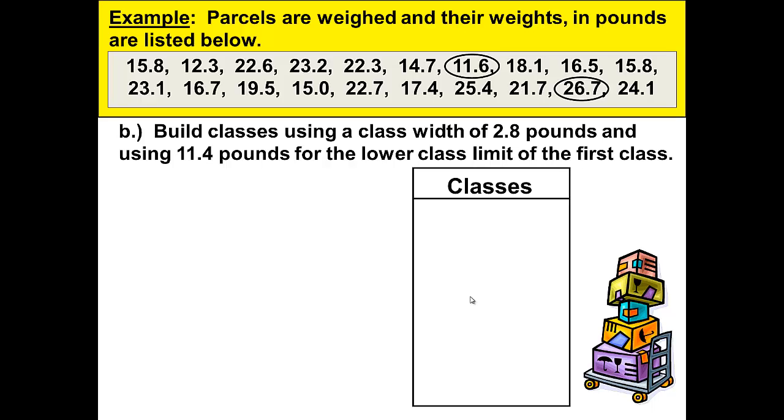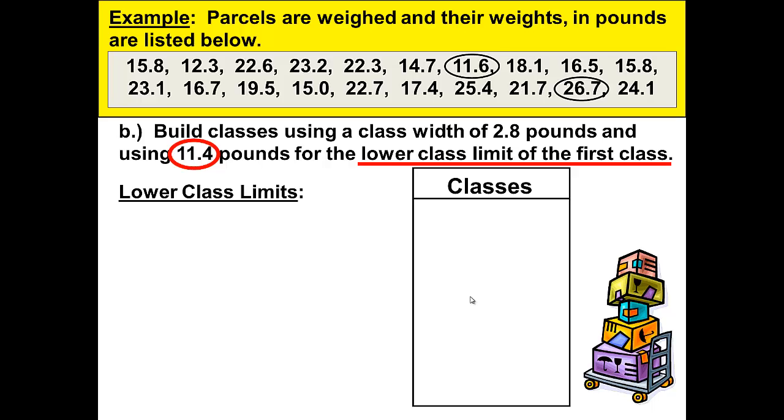Start with a structure for your classes, usually a table. Lower class limits are the lower numbers of each class. Notice that it tells us that the first lower class limit will start at 11.4.